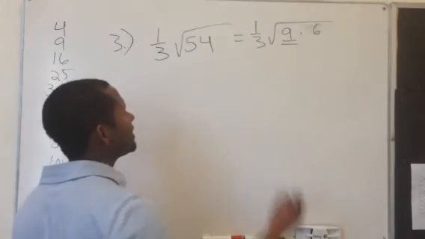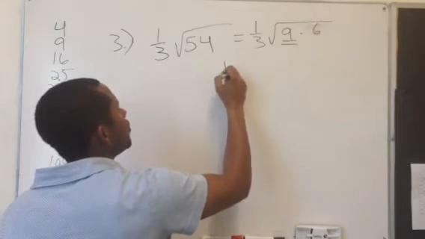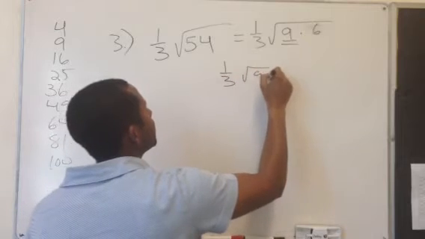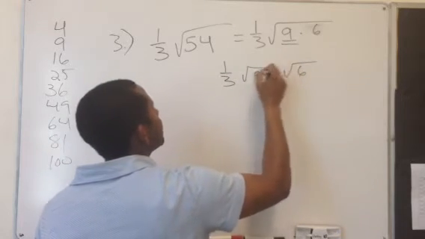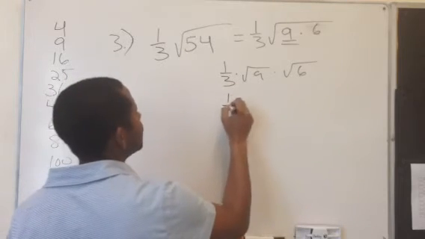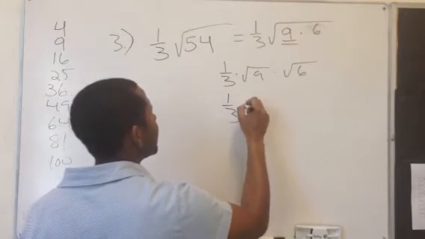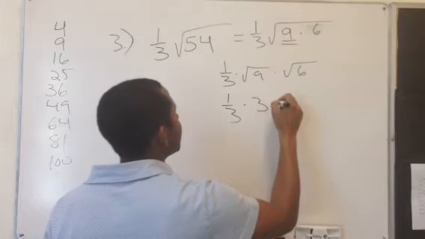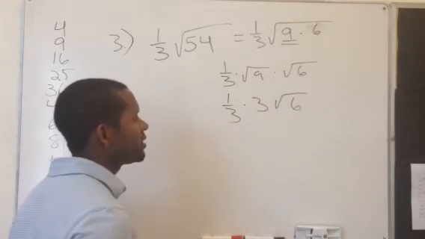So I'm saying, alright, I got this. So this is now 1/3 square root of 9 square root of 6. 1/3 is still a third. Square root of 9 is 3. And the square root of 6 is just the square root of 6.